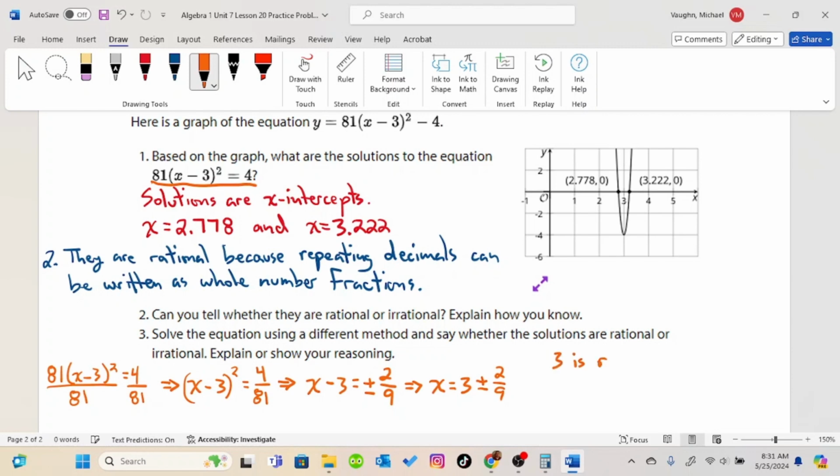3 is rational. 2 over 9 is rational. That means 3 plus or minus 2 over 9 is also rational.